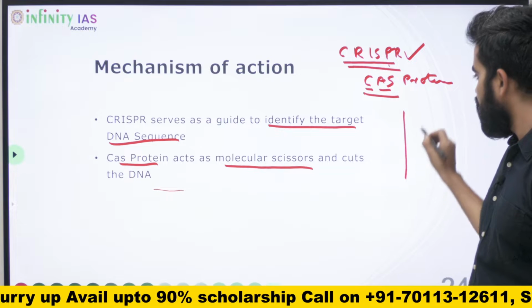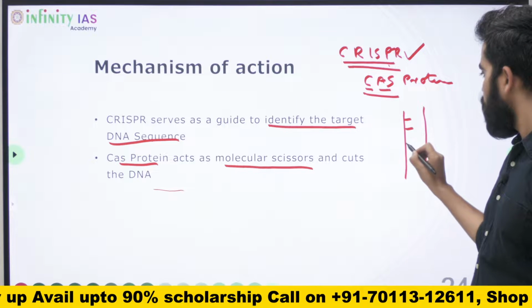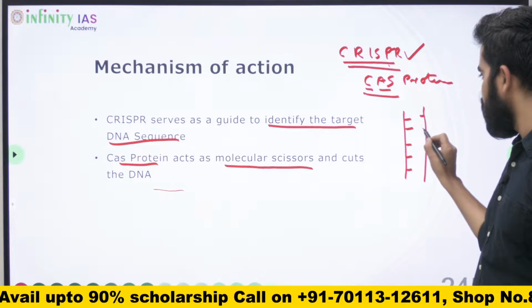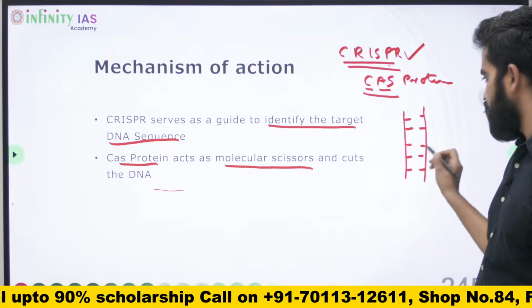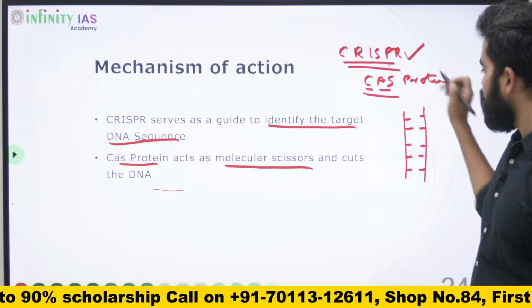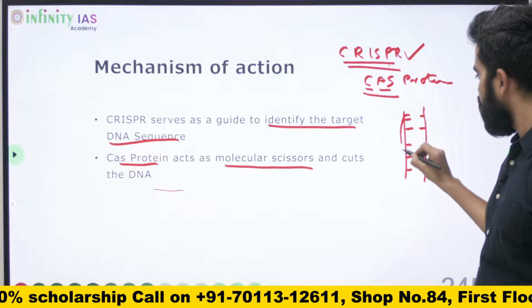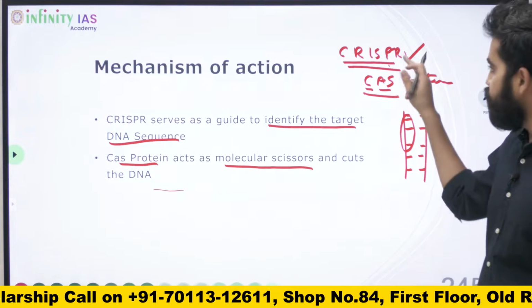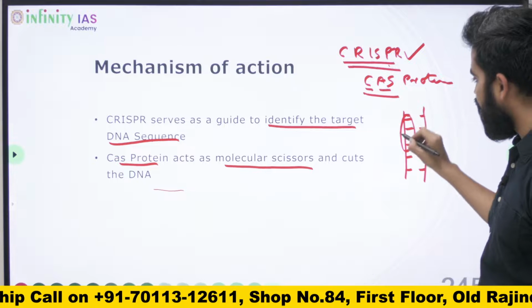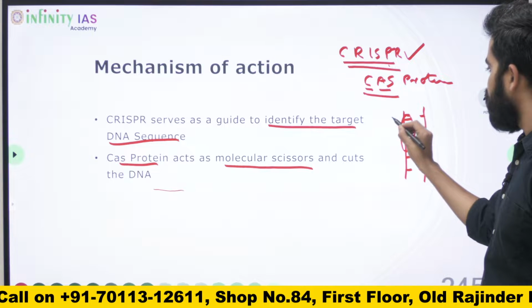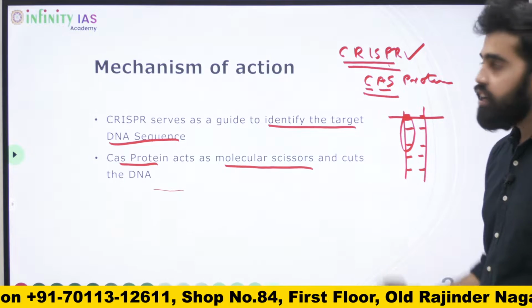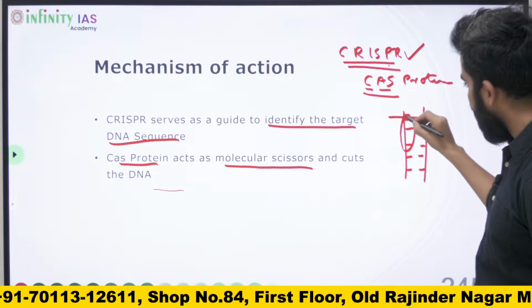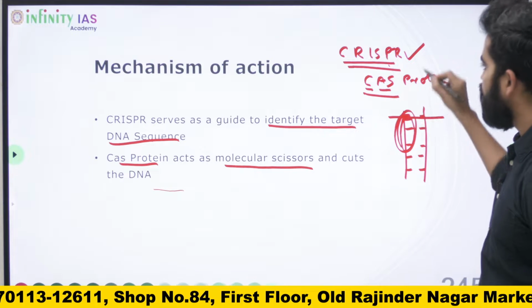So if we see in the DNA, we have double-stranded sequence of bases. So CRISPR will have a certain gene that will help in identifying the target. So for example, if we want to cut the DNA here, the CRISPR will have this sequence.